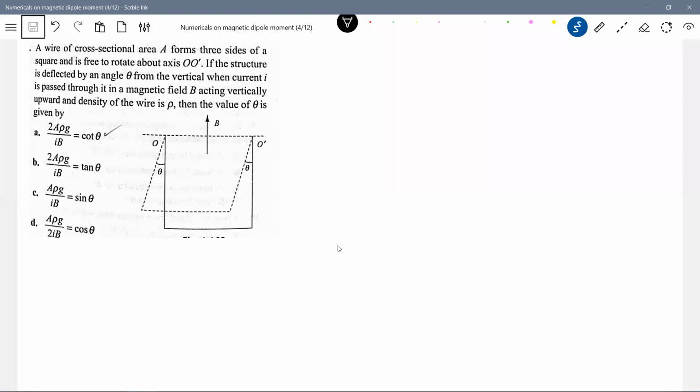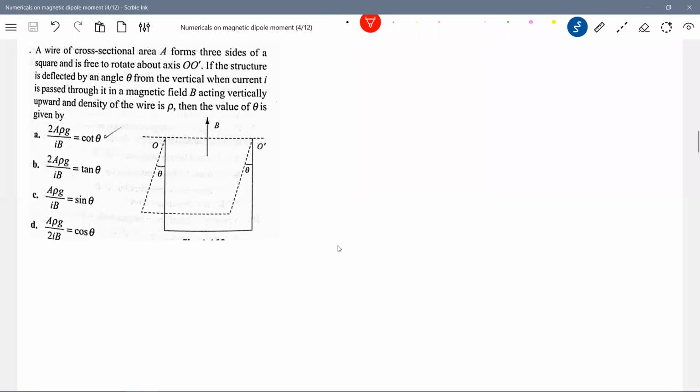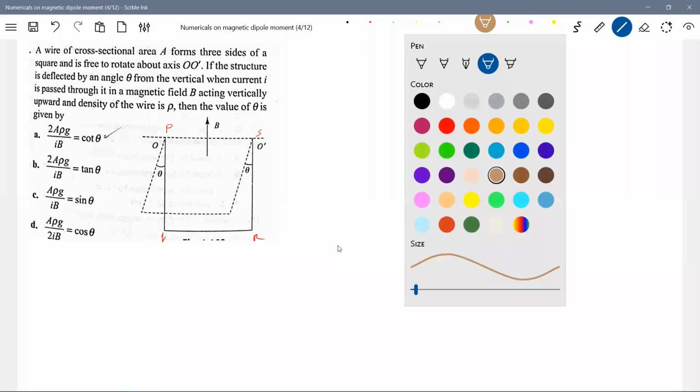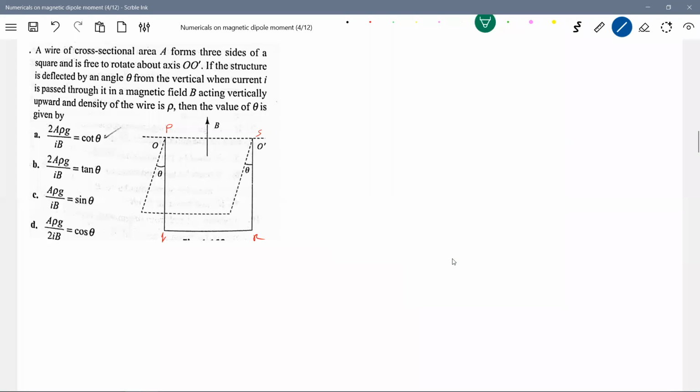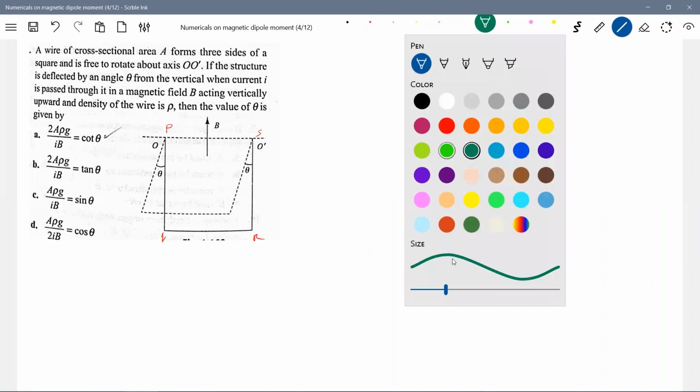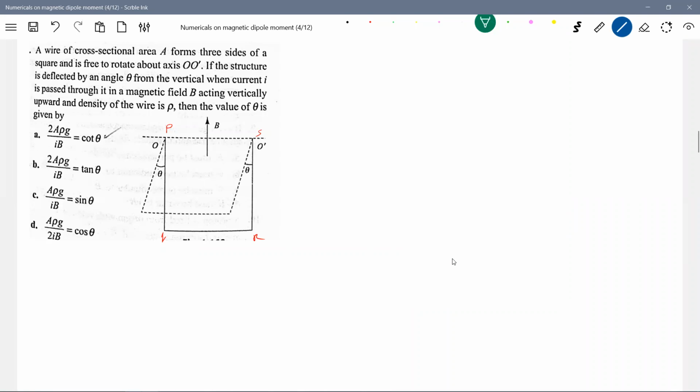Actually, it lies in one plane. So we'll make this a plane diagram. Let this be P, Q, R, S. Earlier, the rod PQ was vertical.